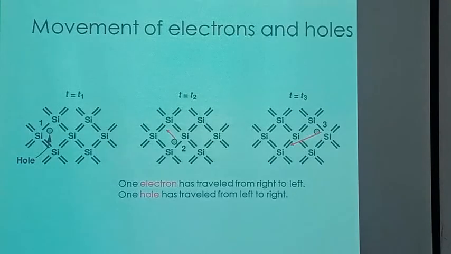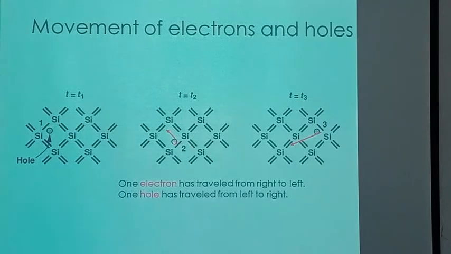So, movement of electrons and holes. How will the movement of electrons and holes happen in the semiconductor? We will see in these three pictures. Here one electron is removed from this covalent bond and a hole appears here. From this covalent bond, one electron travels to this hole and completes the bond.